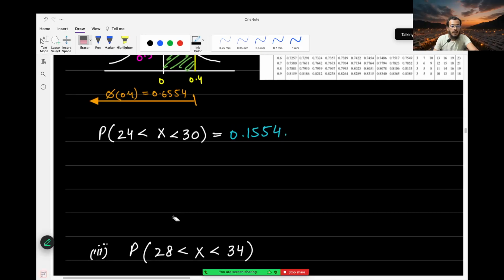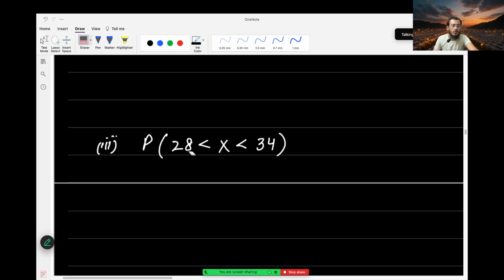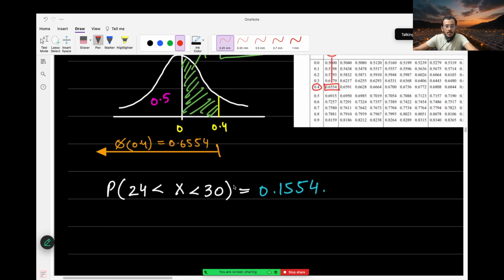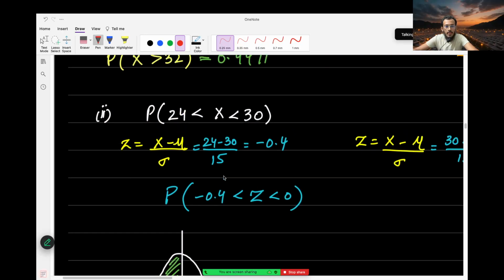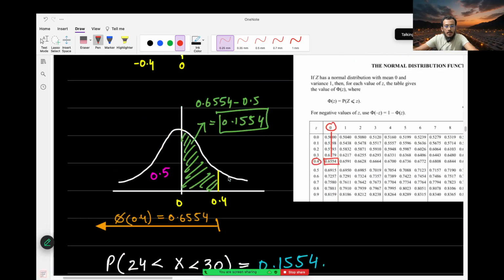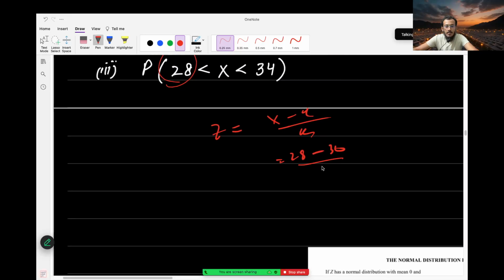Okay, so similarly, if you were to find this thing, how would you solve that? The same thing. First, you convert z equals x minus mu over standard deviation. So we know that x is 28, mu is 30, and standard deviation is 15.